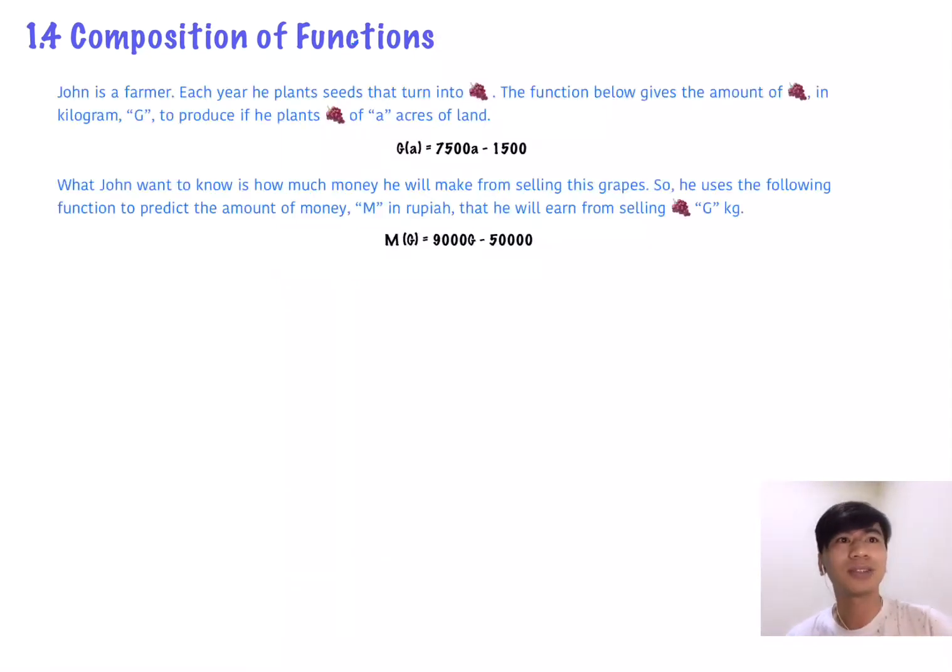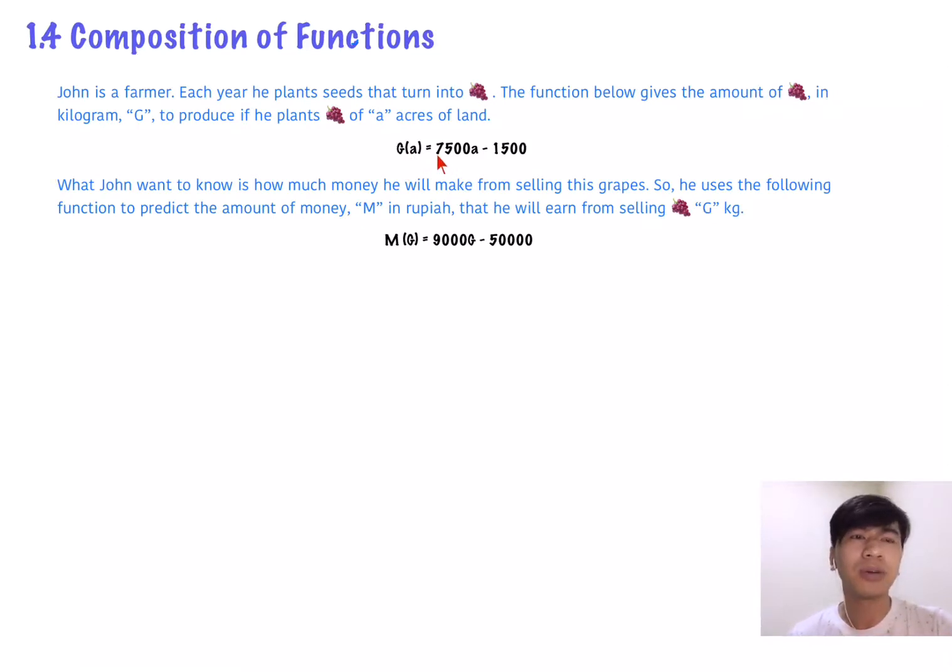Okay, so here we have John, who is a farmer. Now he is not a hitman. Each year, John plants seeds that turn into grapes. The function below gives the amount of grapes in kilograms, G, to produce if he plants grapes on A acres of land. So A is acres of land, while G is how many kilograms of grapes are produced.